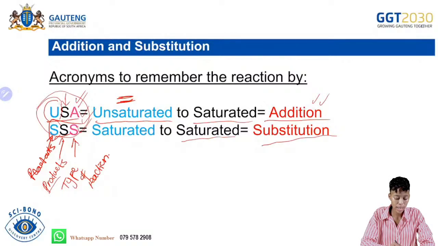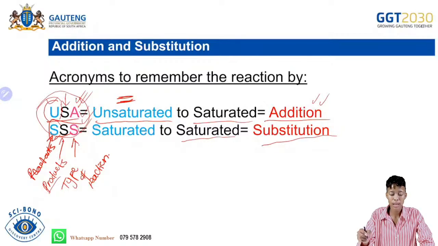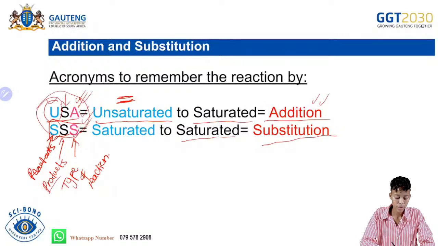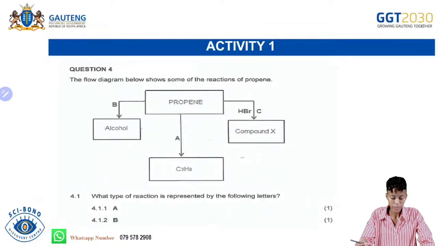So USA means the reactant is unsaturated, the product is saturated, therefore addition reaction. And triple S means the reactant is saturated, the product is saturated, therefore the type of reaction will be substitution.